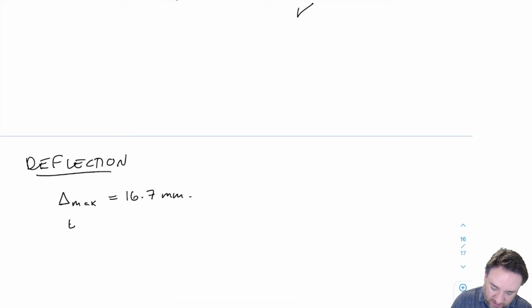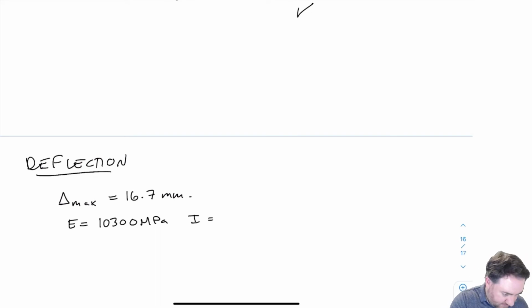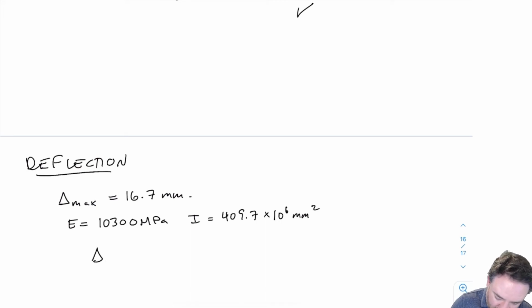You recall that our E is 10,300 MPa, and our I is now lost to the annals of time. So if I want to calculate my actual deflection, I have this equation: PL cubed over 648 EI.